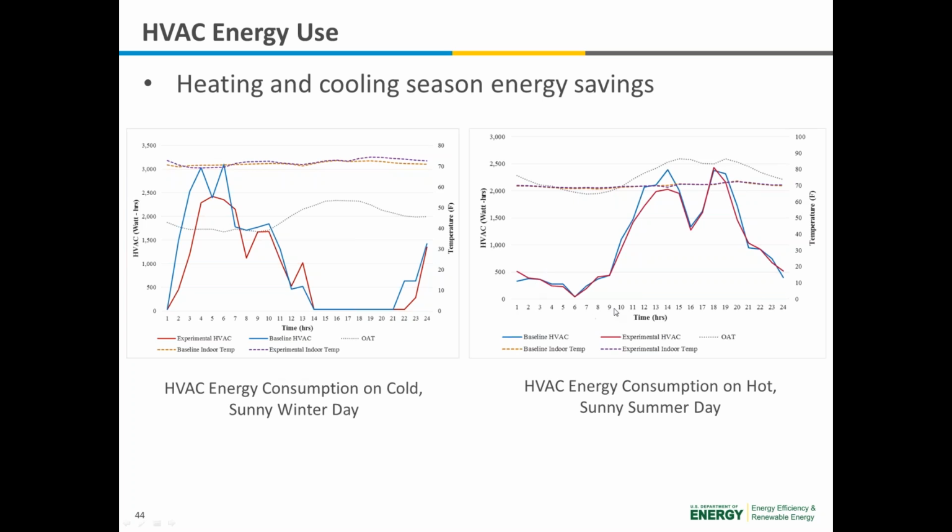In the morning, you would expect no cooling to be going on, and then you can see, as the envelope heats, a peak load reduction due to the interior storm windows between the baseline home in blue and the experimental home in red. Then you can see a similar operation throughout the afternoon and evening.